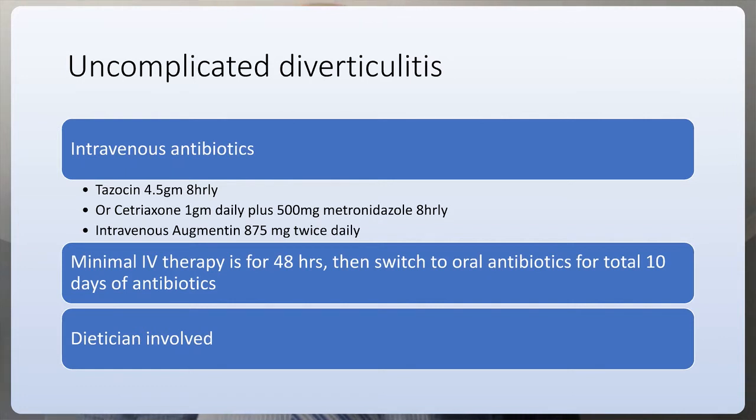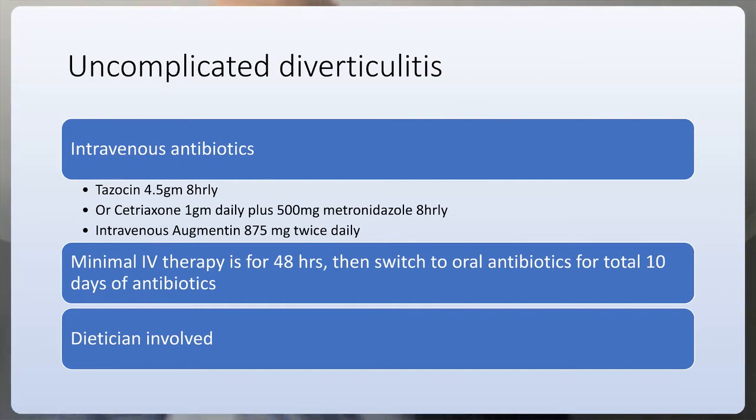Another alternative, because tazocin sometimes is not available and is relatively more expensive, we put them on ceftriaxone, which is given once daily in the form of 1 gram. We usually add metronidazole in that situation intravenously as 500 milligrams every 8 hours.